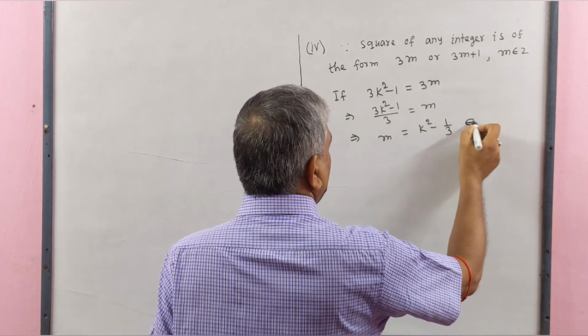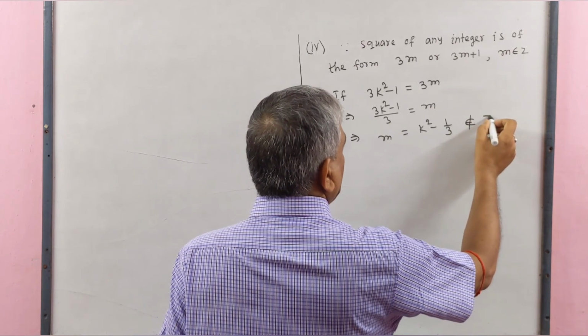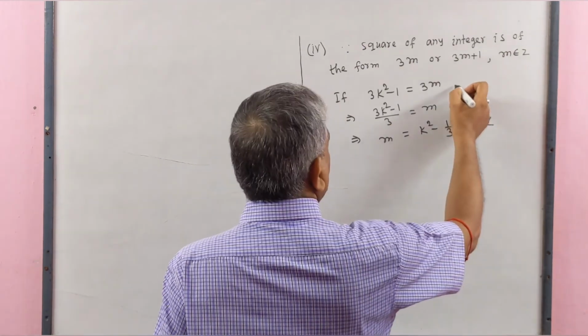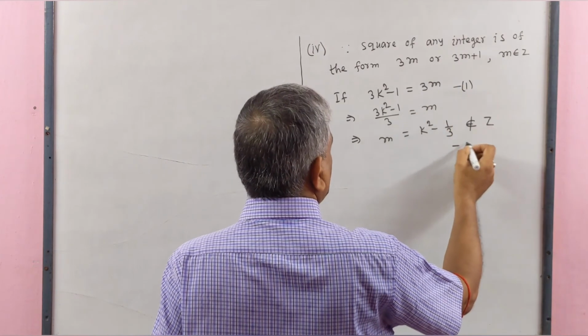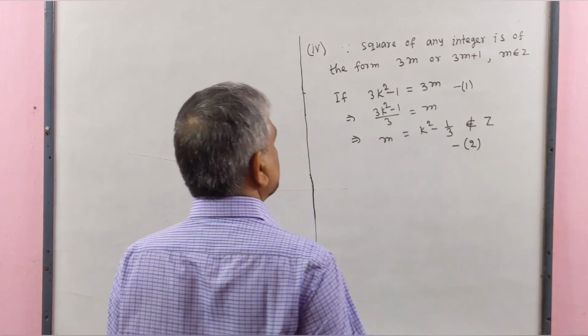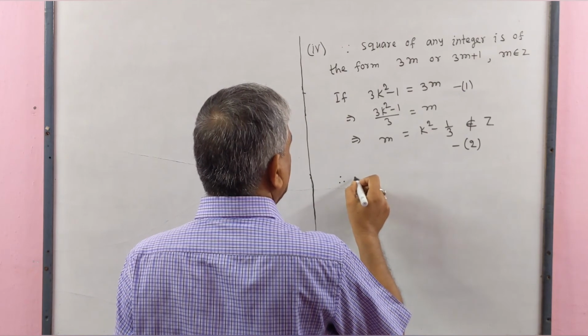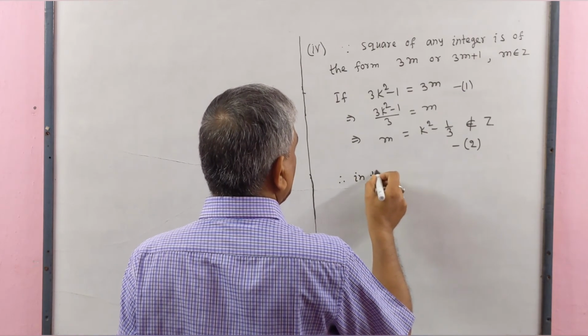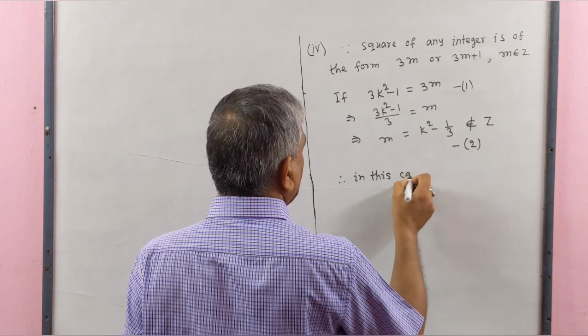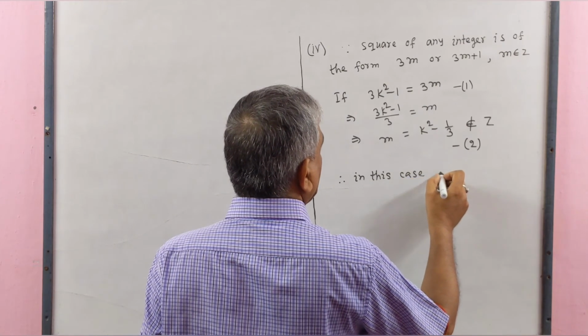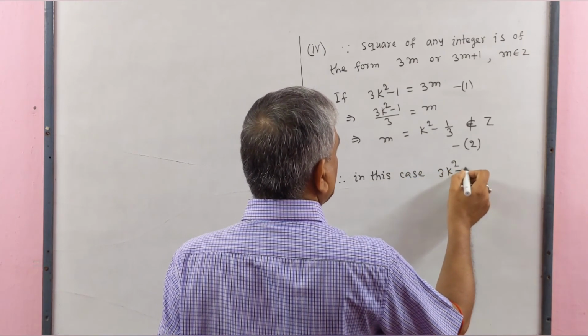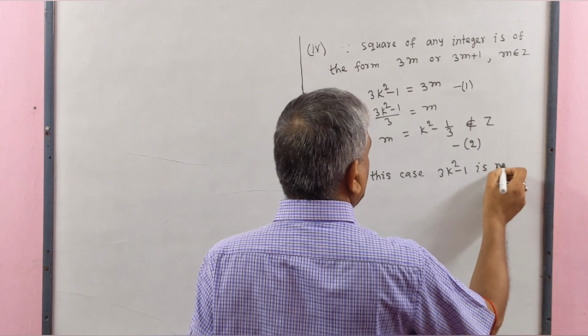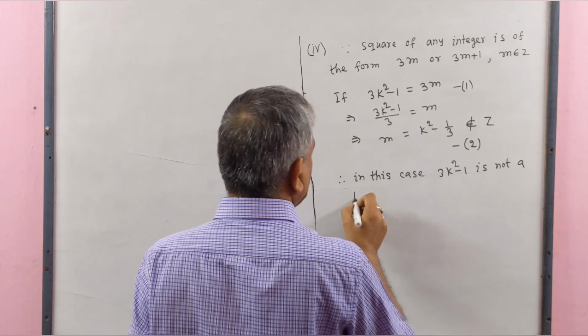This does not belong to Z. This is number 1, this is number 2. Therefore, in this case, 3k square minus 1 is not a perfect square.